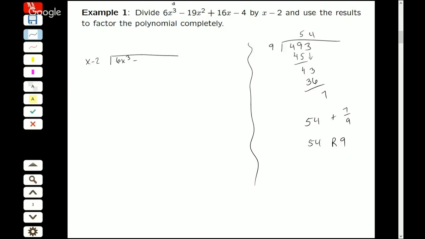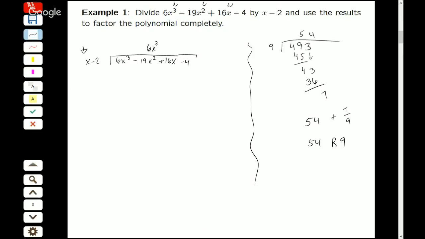Now, you want to make sure you fill out for all your powers. If there are any missing powers, you're going to put zeros. There are no missing powers, so I'm just going to write them down. And now I'm going to base it all off of the x here, not off of the 2. So, does x go into 6x cubed? Yes, how many times?